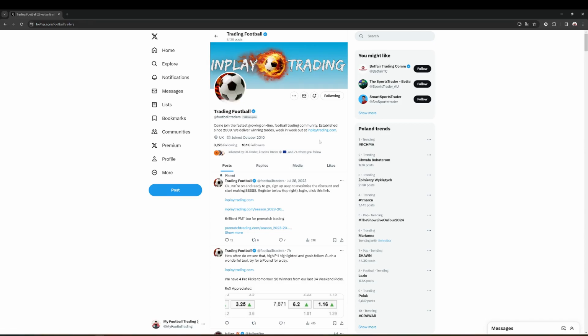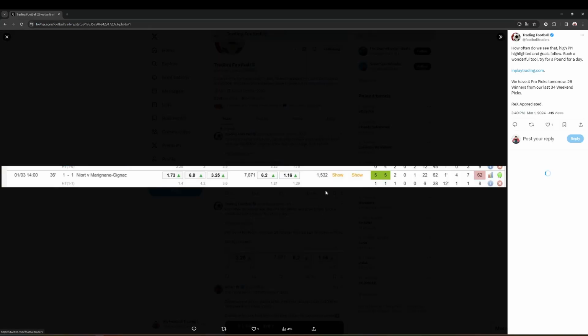They are running that website inplaytrading.com, where they have a pretty nice tool. It's called the scanner, where it basically just showing you everything that you need to know: the odds, the pressure indicators, shots on target, etc. So it's very easy to identify opportunities in play.